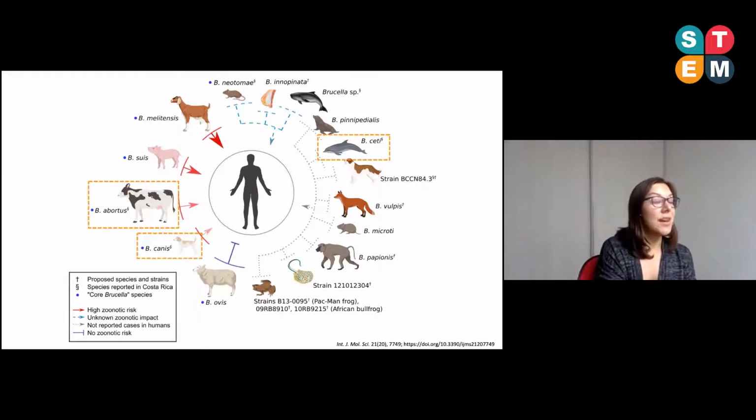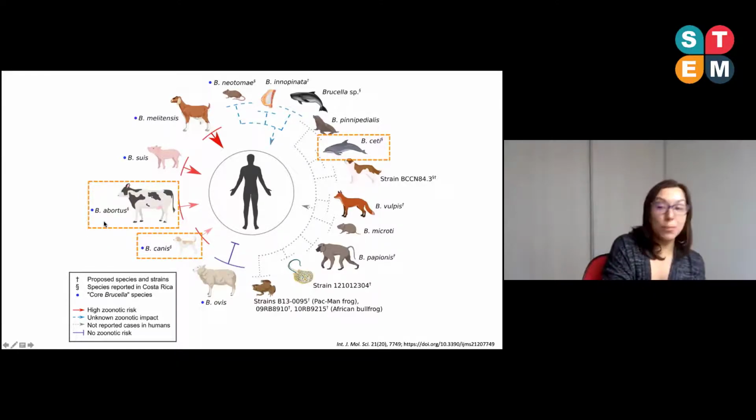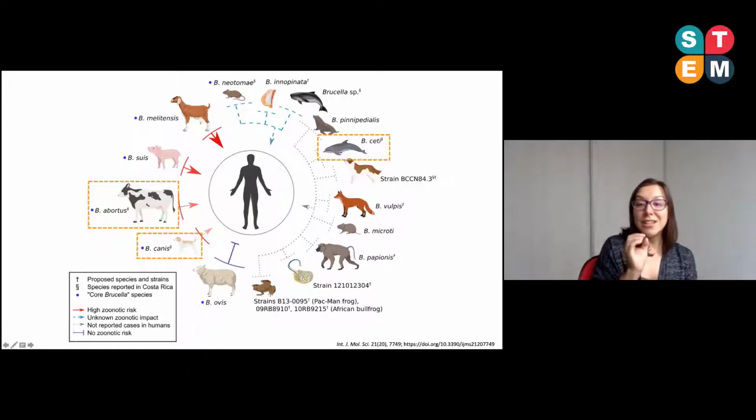Our studies focus on 3 different species that are present here in Costa Rica: Brucella ceti, that infects preferentially marine mammals, most specifically striped dolphins; Brucella abortus, that infects cattle preferentially; and Brucella canis, that infects dogs preferentially. In them, as I was saying since the very beginning, this infection causes abortion.